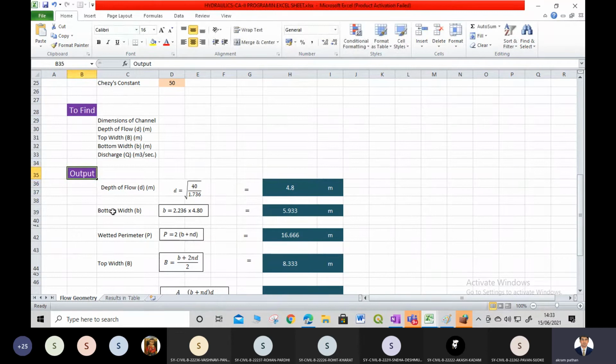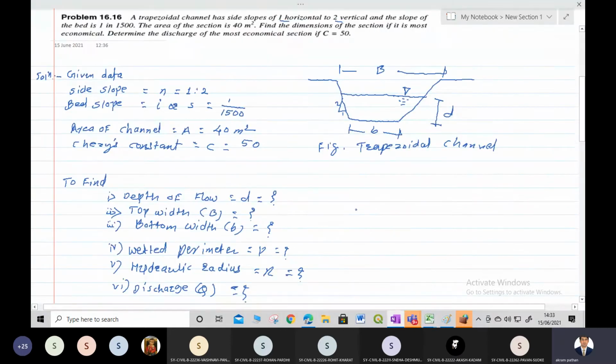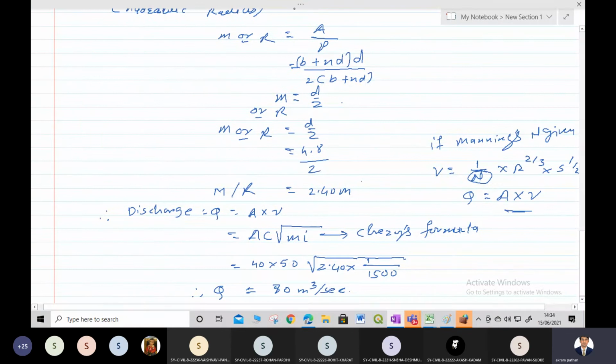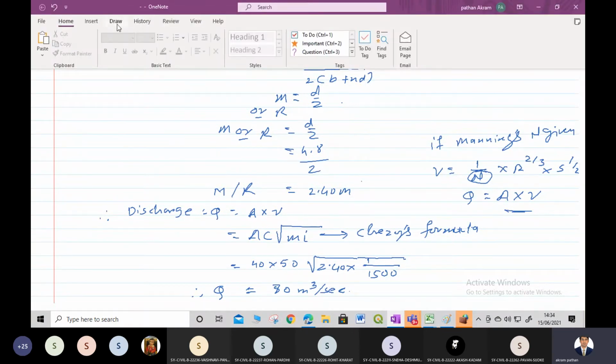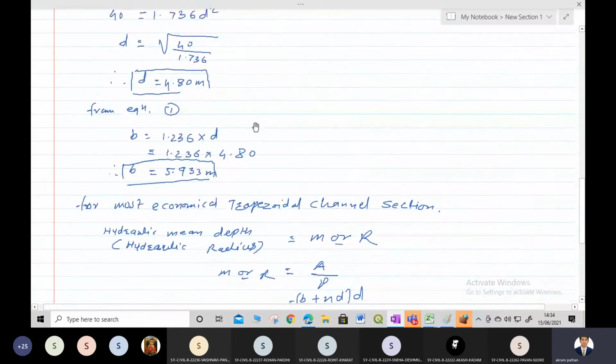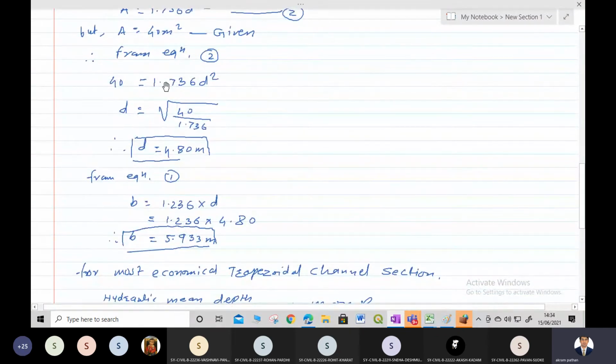For getting the output, how will you get the depth of flow D? See here, in our hand calculation, we have calculated this with the help of this step.